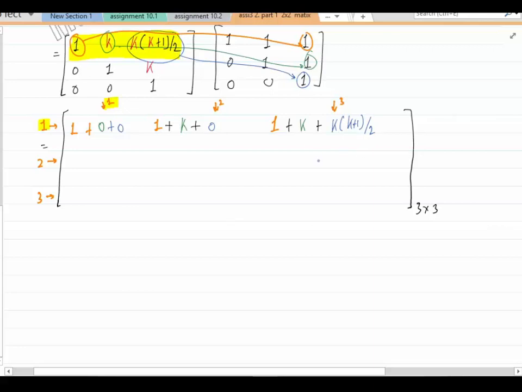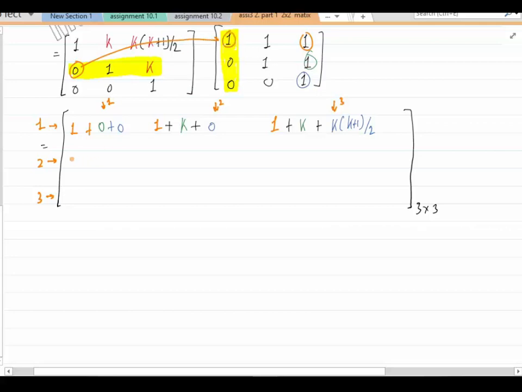Now let's move to the second row's first term, which can be obtained from multiplying second row and first column. So 0 into 1 will give us 0, plus 1 into 0 will give us again 0, plus k into 0 will give us 0.